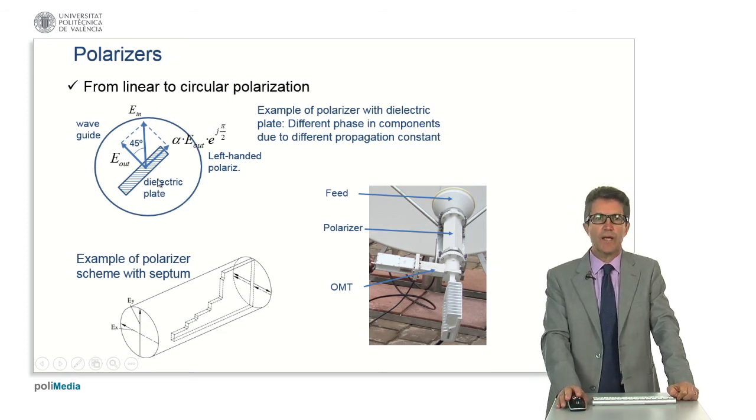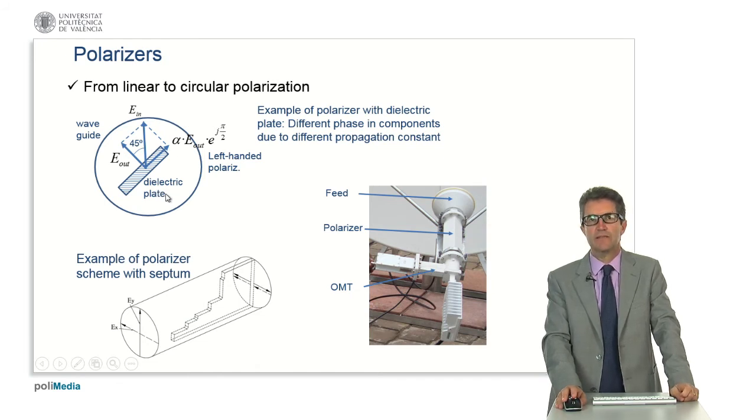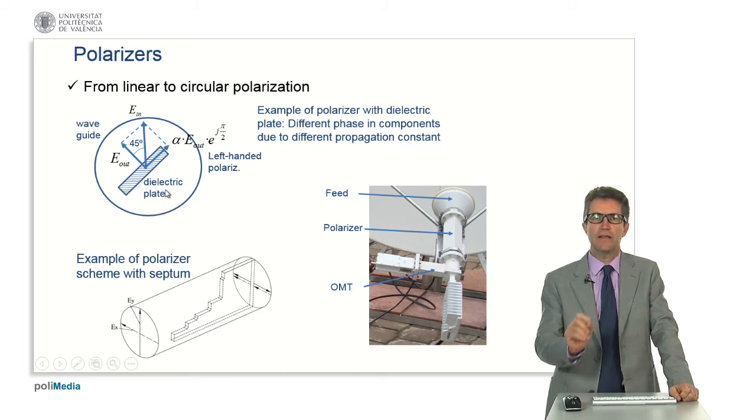In the upper part, we can see a figure in which it is a dielectric plate which is placed at some inclination, 45 degrees, with respect to the incident field.